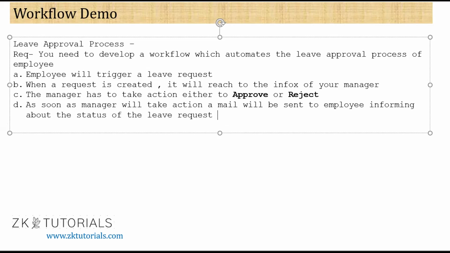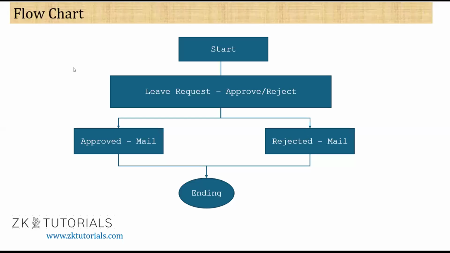So in terms of a flow chart, if you want, I think the flow chart is not important, guys. Once again I will show you quickly. Let me pause it once. Here you can see a simple flow chart where the leave approval process will happen.